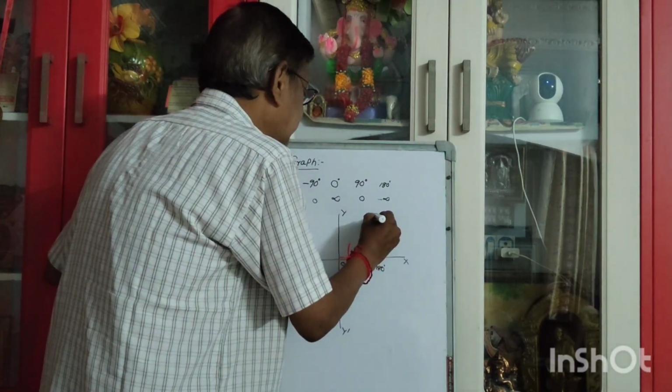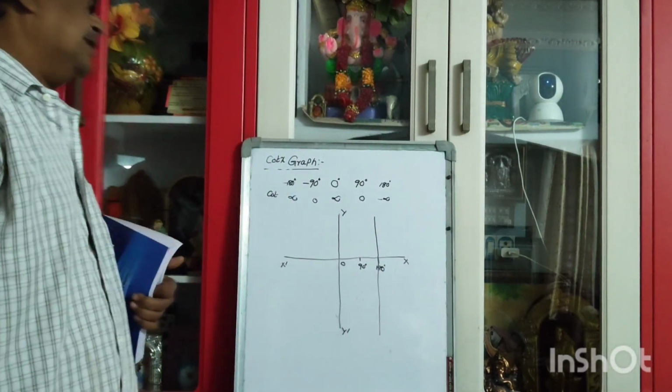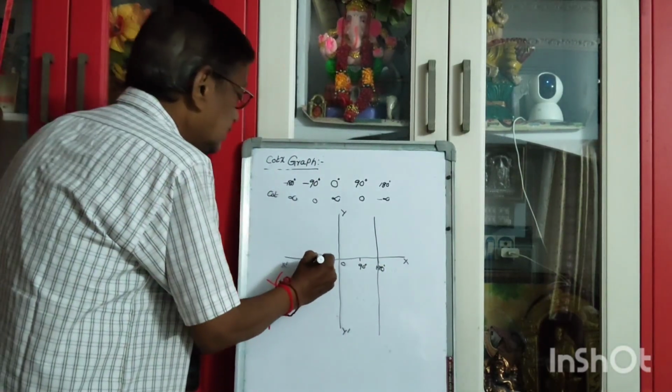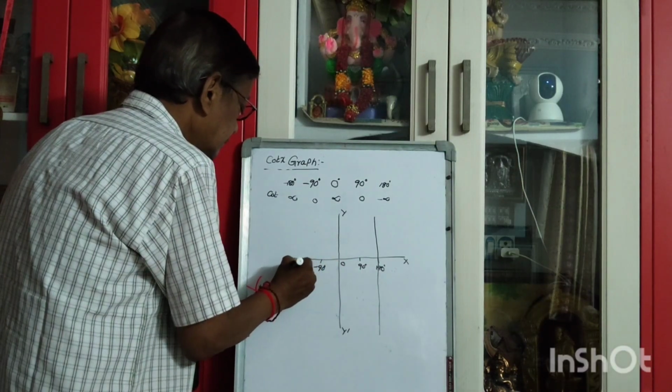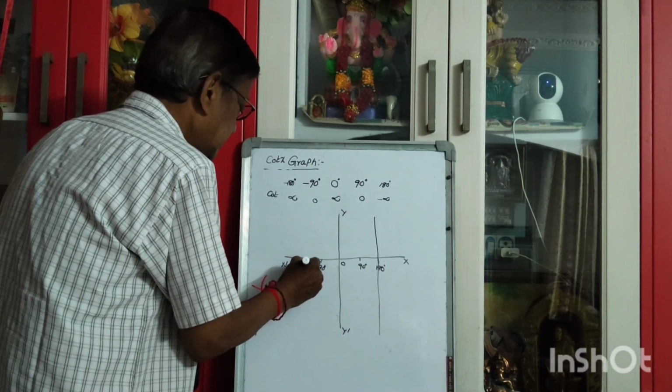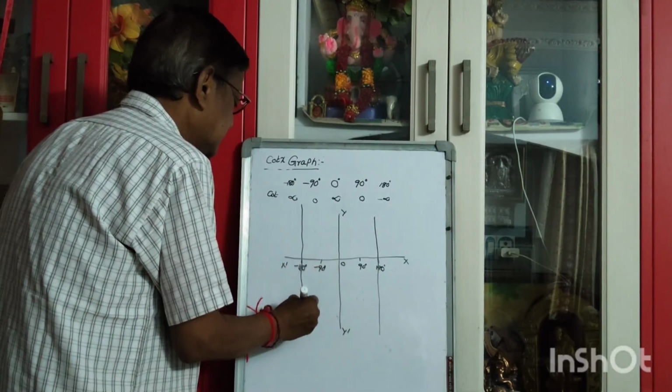You will draw a line parallel to the y-axis at 180. Here also minus 90, minus 180. Draw a line parallel at minus 180.